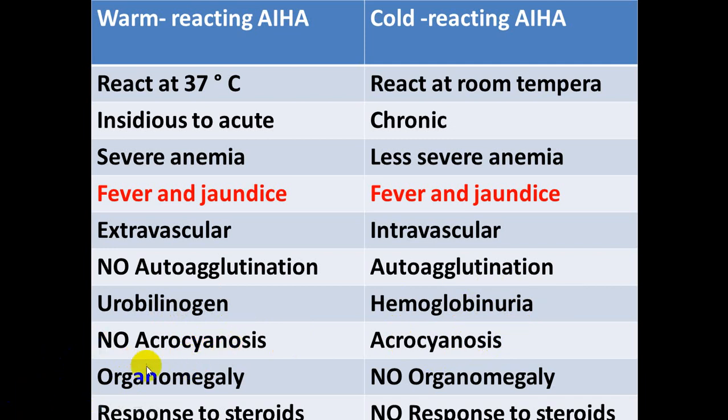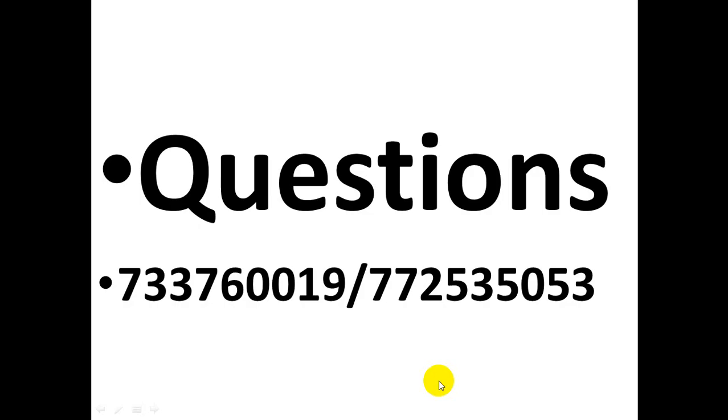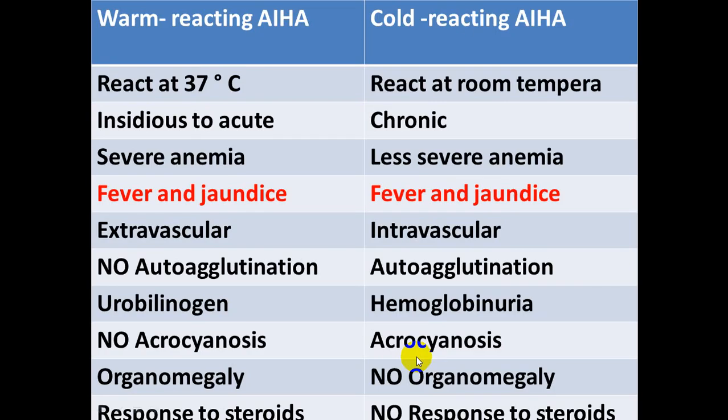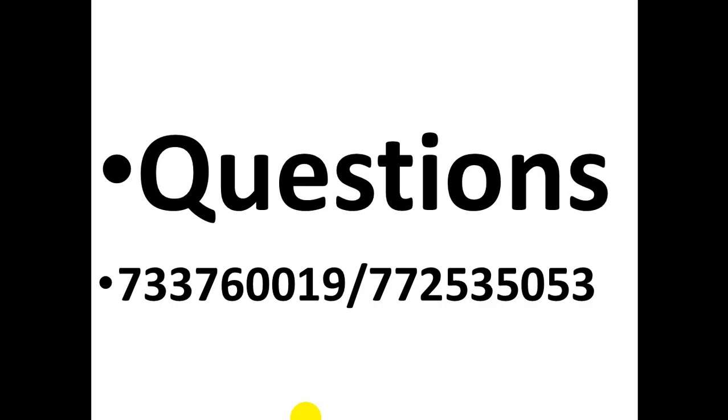Organomegaly, such as splenomegaly, may be present in warm reacting, with no organomegaly in cold reacting autoimmune hemolytic anemia. Response to steroids is good in warm reacting, while there is no response to steroids in cold reacting. Any questions at any time?